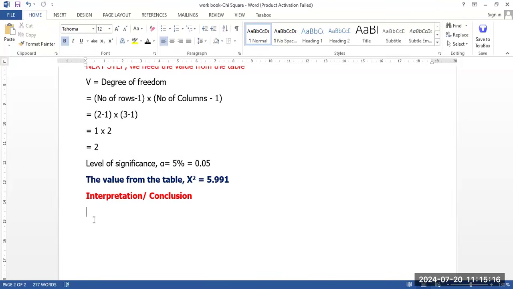The value from the table, with the table value. Compare the value from the table with the computed value.